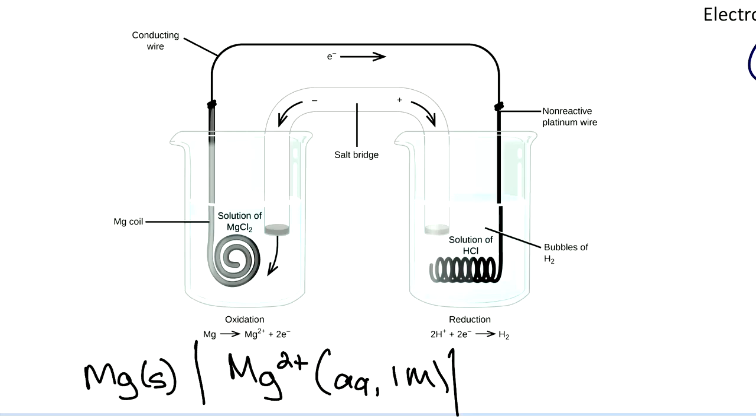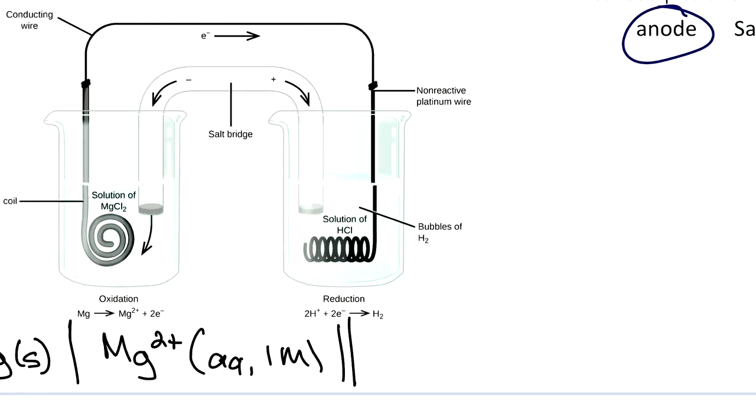Now we do the same thing for the cathode compartment. I'm going to put that double phase salt bridge here. And now I want to discuss what is happening in here. This one's a little bit more tricky. We have H+, because it's a solution of HCl. Typically it's aqueous and 1 molarity, but we also have H2 swimming around in there.